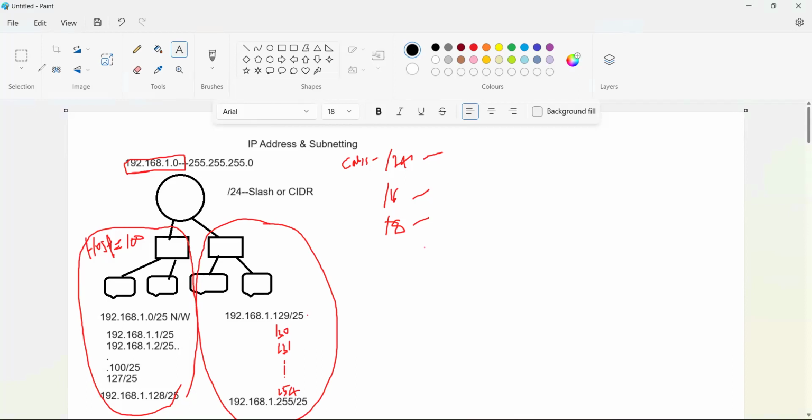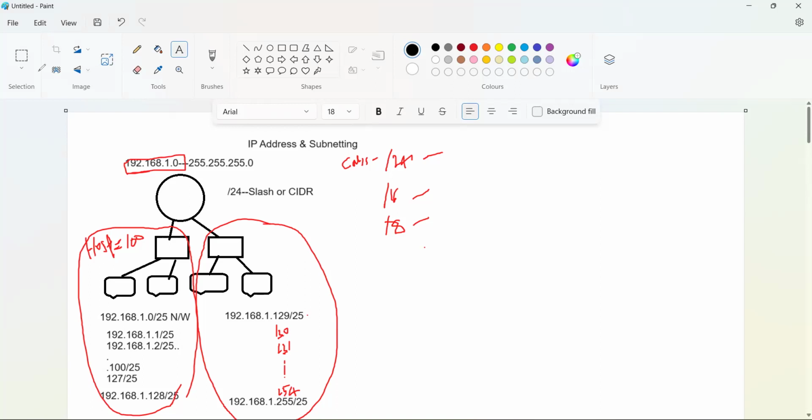Guys, I'm repeating again. We have one IP address, one network. In that network, I have 255 valid host IP addresses.